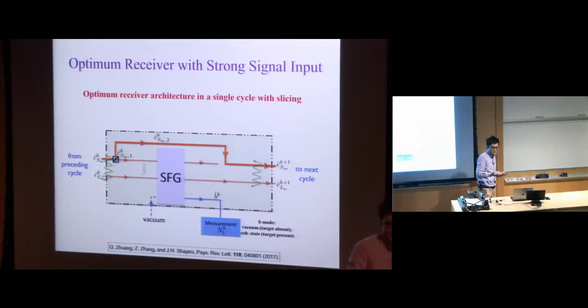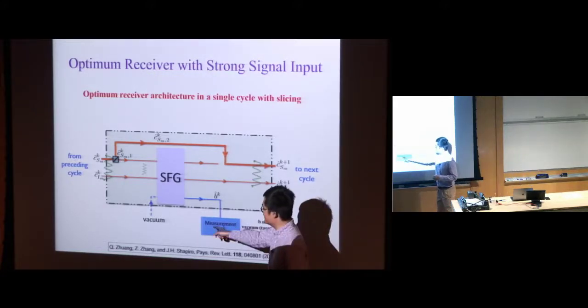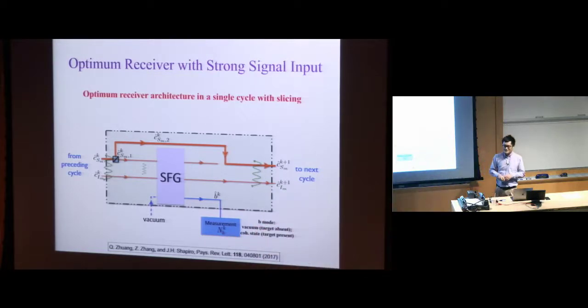You do it multiple times, and you would be able to get to the quantum limit by measuring photons in this ancillary mode. We were very excited, but we did all the calculations and found that the performance of this receiver is exactly the same as the OPA receiver. So it's still at the 3 dB limit.